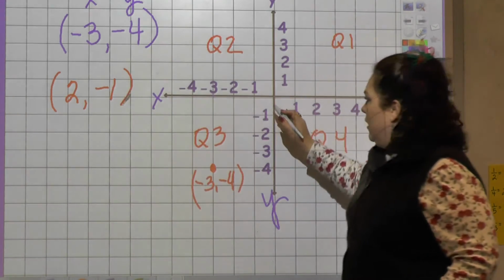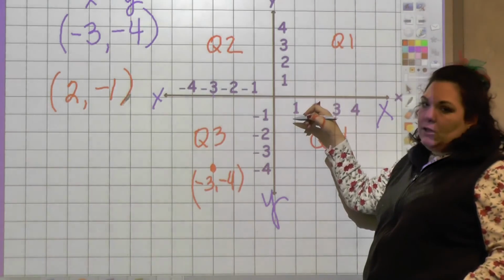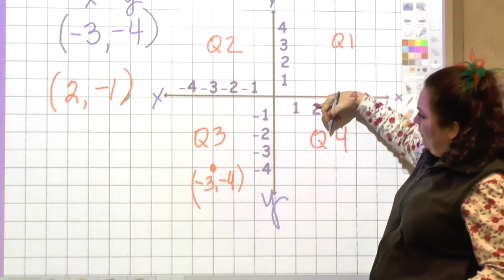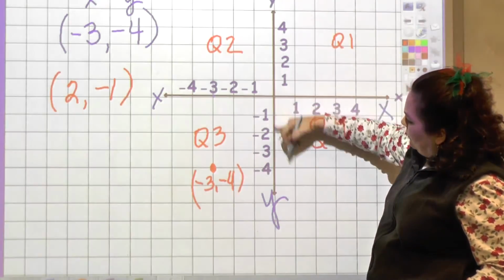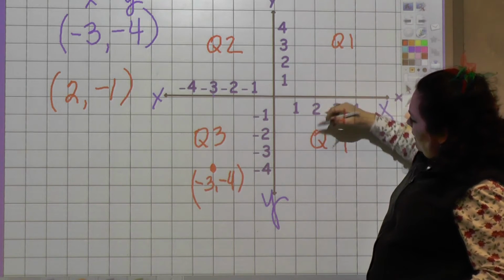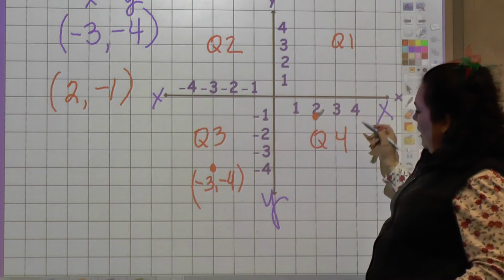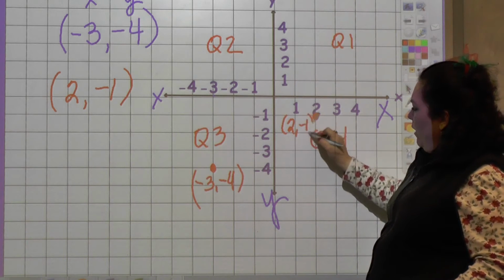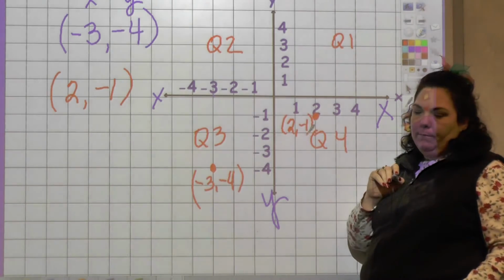I'm going to go 2 on my x, so that's 2 to the right, and then 1 negative. Well, I look at my y, and my negatives are going down, my positives are going up. So 2 and then -1 right here. And so that is 2, -1, and that's quadrant 4.